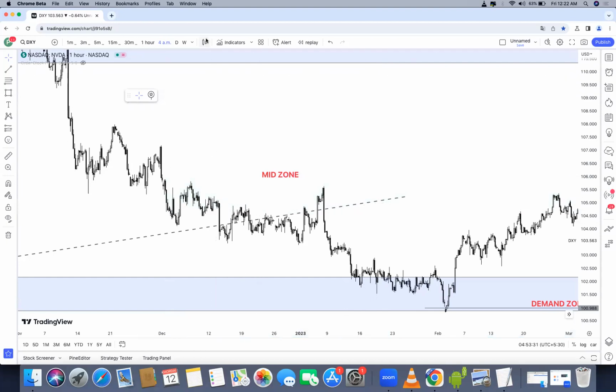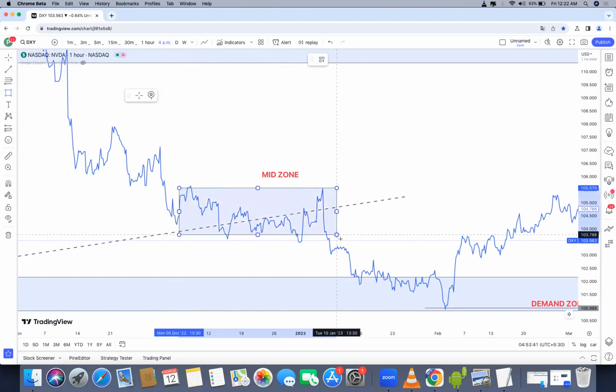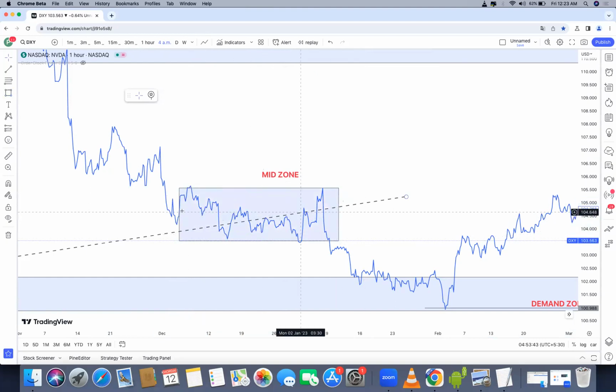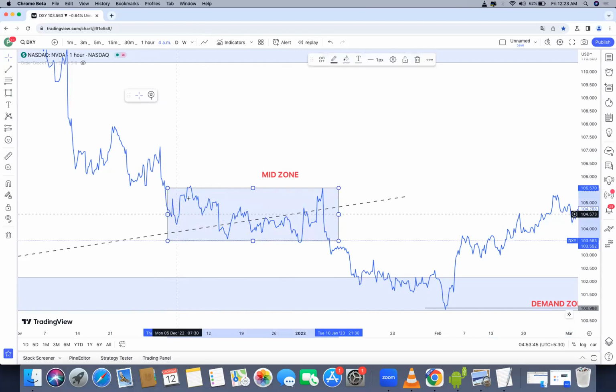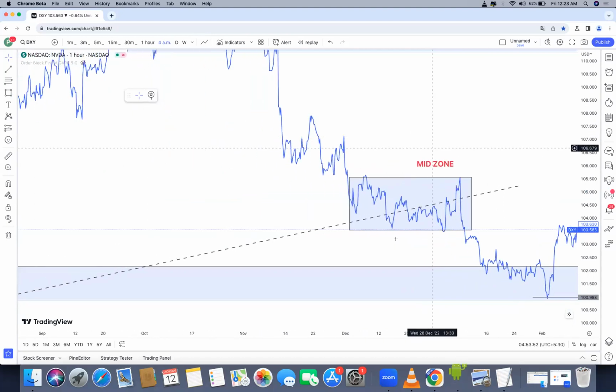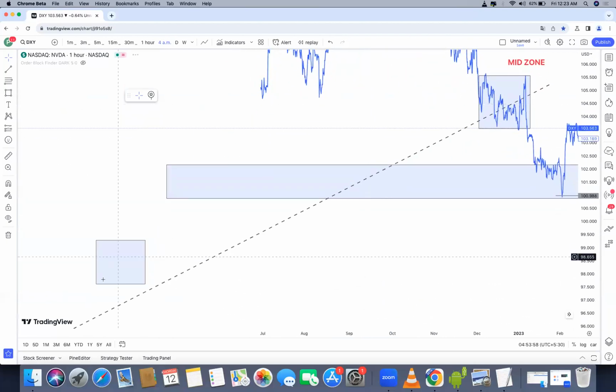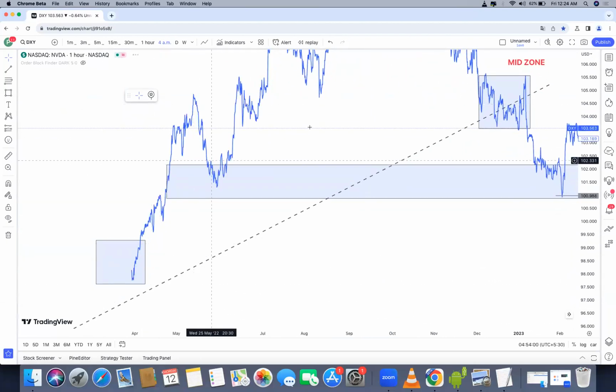Let's use the line chart as well. So yes, here we have a range, here to here. The price ranged here, and the indecision was whether the price is going to continue bullish, because, don't forget, the price was on a bullish trend, coming up, making higher lows.